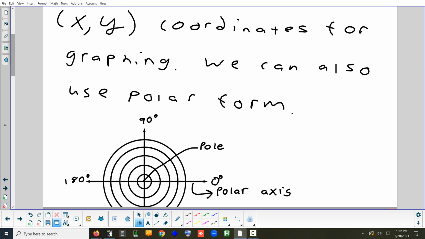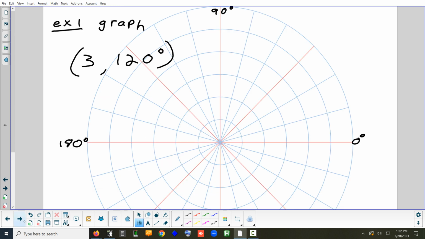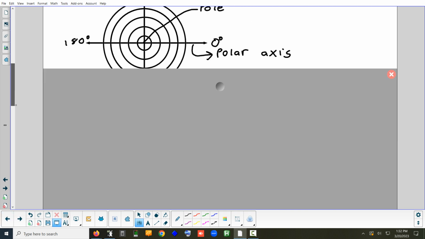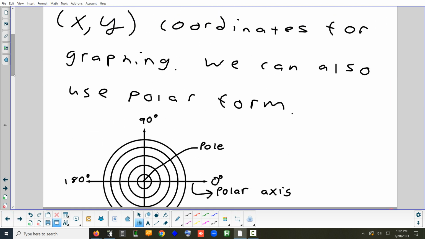It uses concentric circles coming out. And there's usually radial lines drawn on those circles, like this one. Now, instead of calling it the origin, you could still call it that, but a lot of times they call it the pole. And the horizontal, they call that the polar axis.